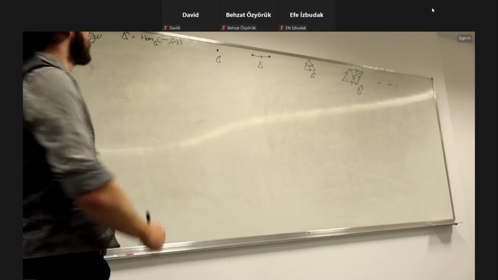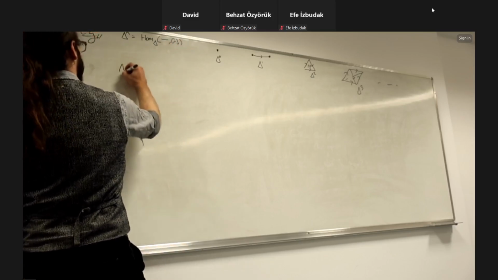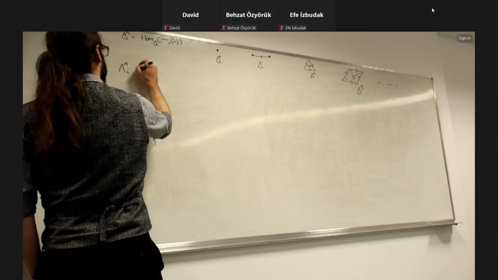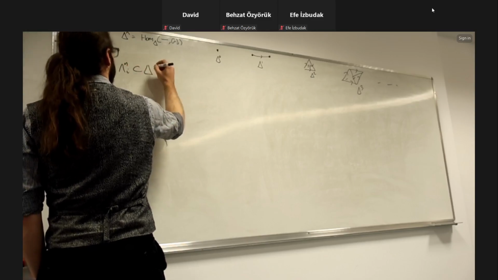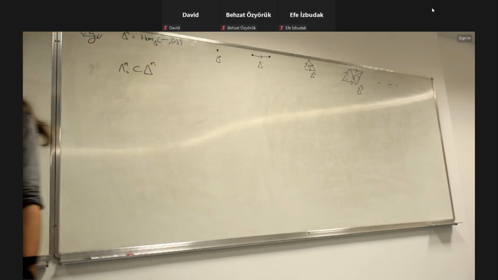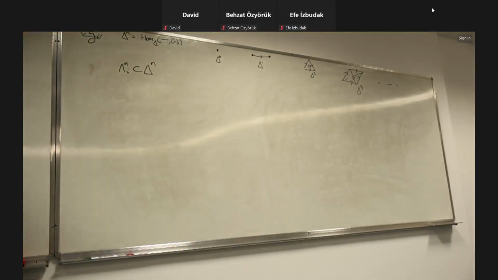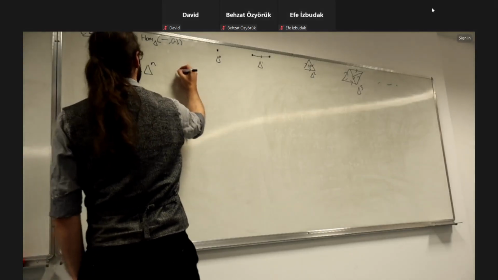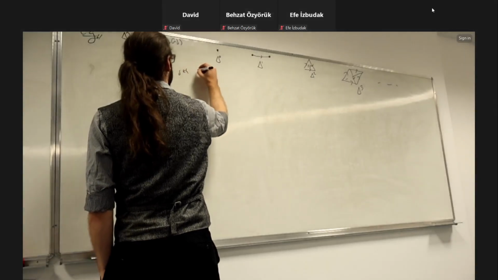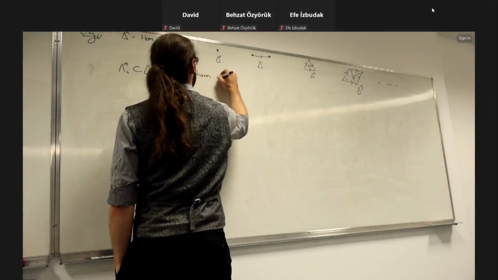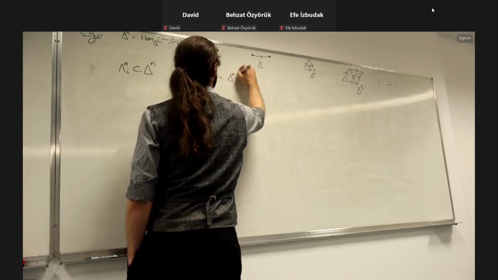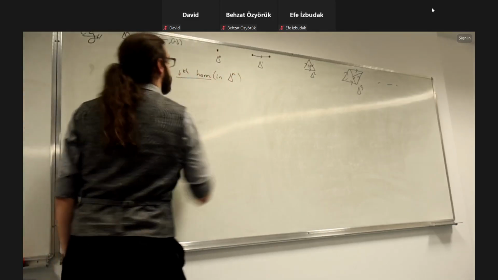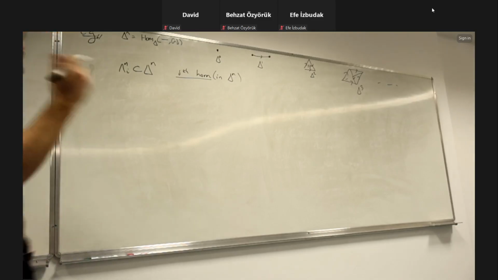By Lambda^n_i, I will mean a specific simplicial subset of Delta^n. These are what are called the i-th horn in Delta^n. Which subset is this?